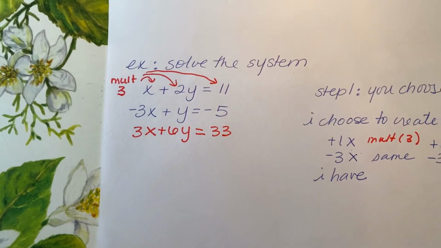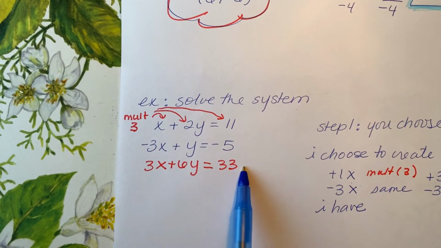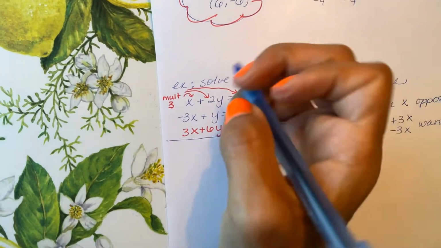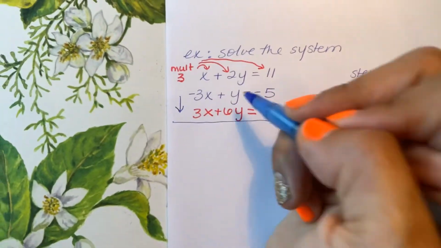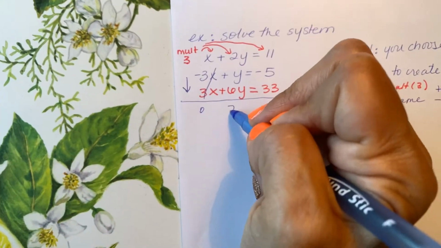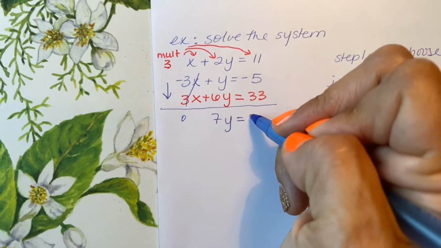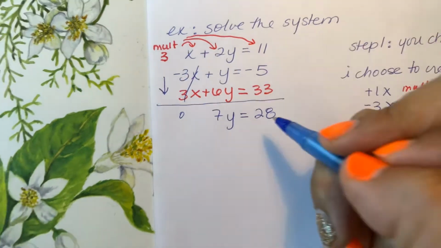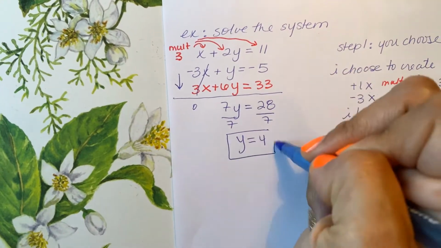And so now you've created your opposites. I have opposites, negative 3, positive 3. So now I'm going to add downward. Negative 3 plus 3, here's my 0. 1 plus 6 is 7y, equal sign, and 5 take away 33 is -28. And now divide by 7, and I get y is 4.